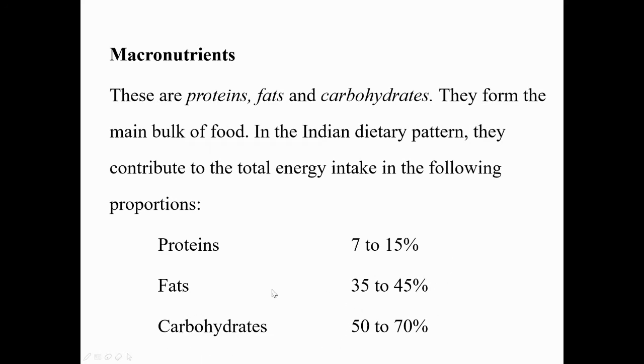So the major nutrient we consume is carbohydrates, about 50 to 70%. The second one is fat, which we take in at 35 to 45 percent. Finally, we come to proteins. We take in proteins in a very small amount, 7 to 15%.